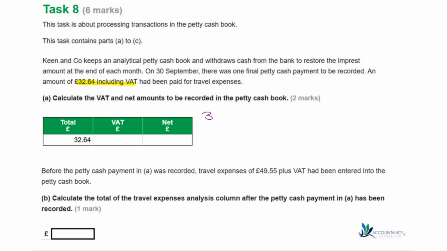So we've got £32.64, which is our gross amount.